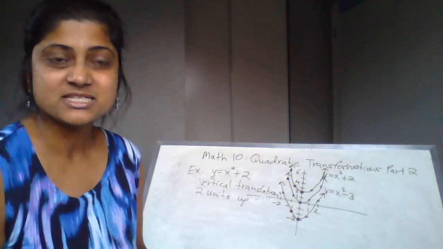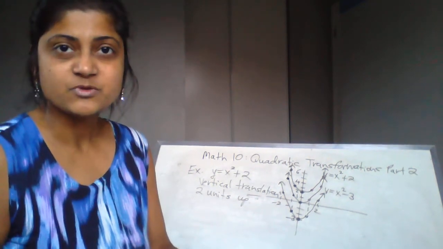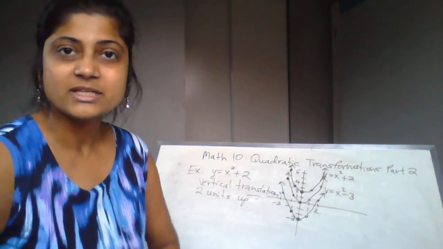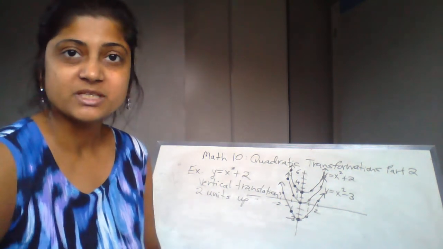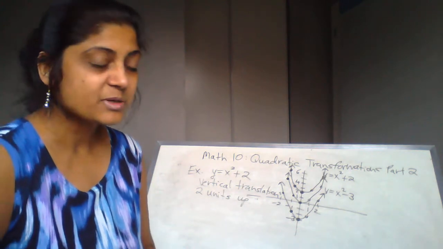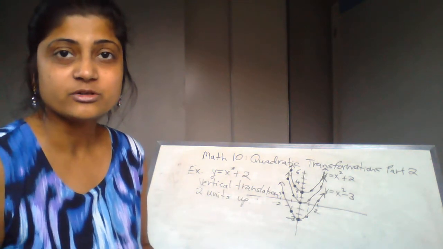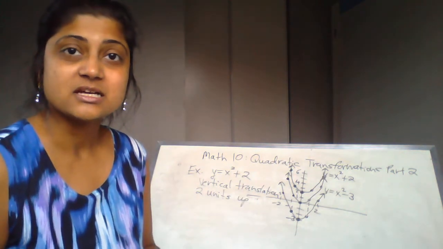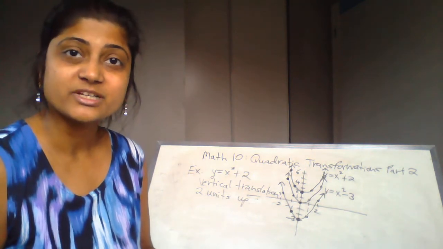So I noticed that basically doing each of the transformations is very simple. The one that I would be a little bit worried about would be the value of a. So remember, the value of a is telling you whether the quadratic function is vertically compressed or vertically stretched.